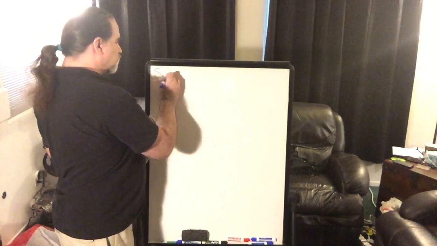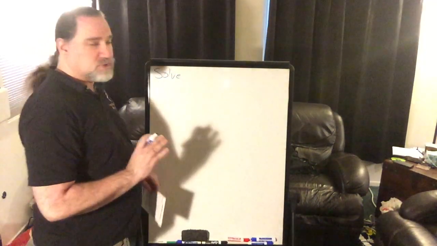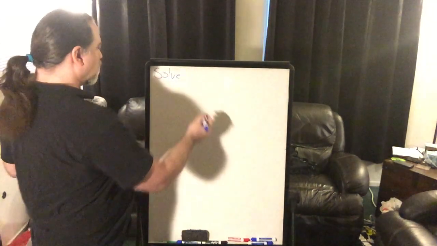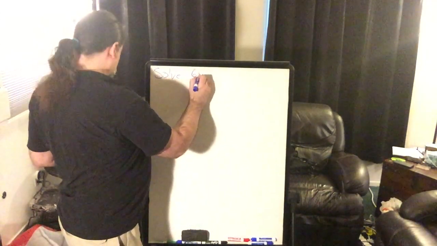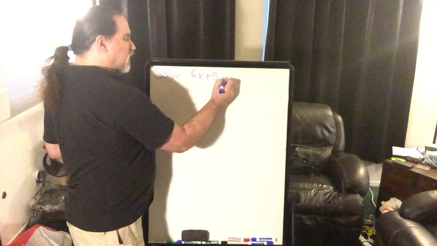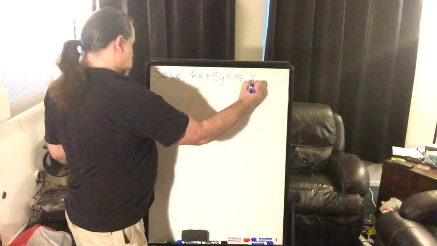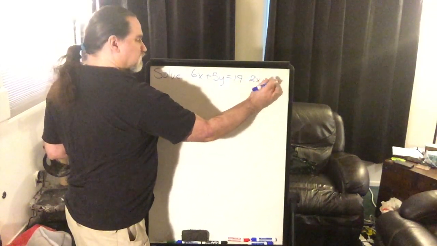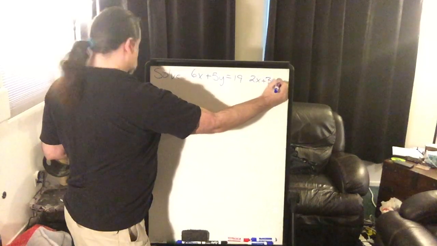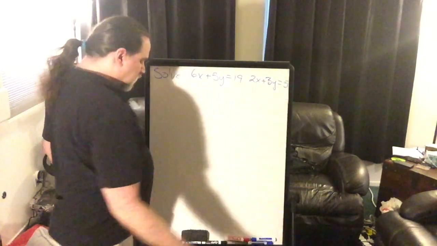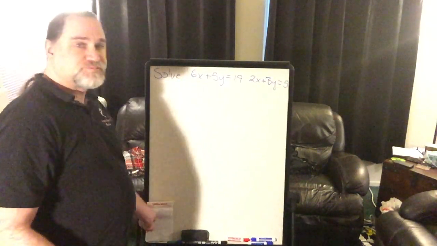So again, we're just going to solve because we're trying to find out where they meet. And we have the two equations, 6x plus 5y equals 19, and 2x plus 3y equaling 5. So those are our two equations.